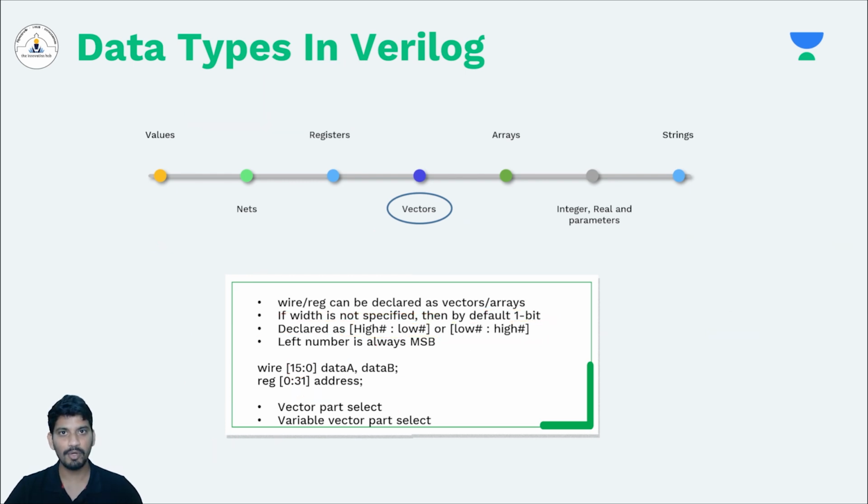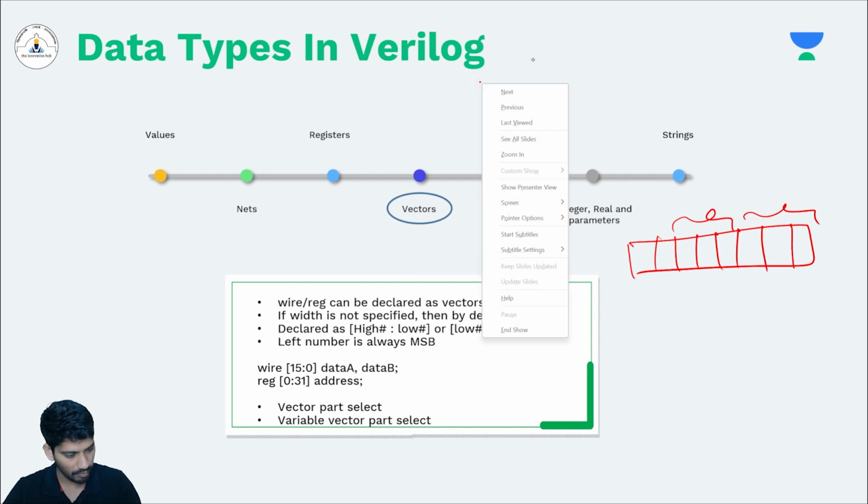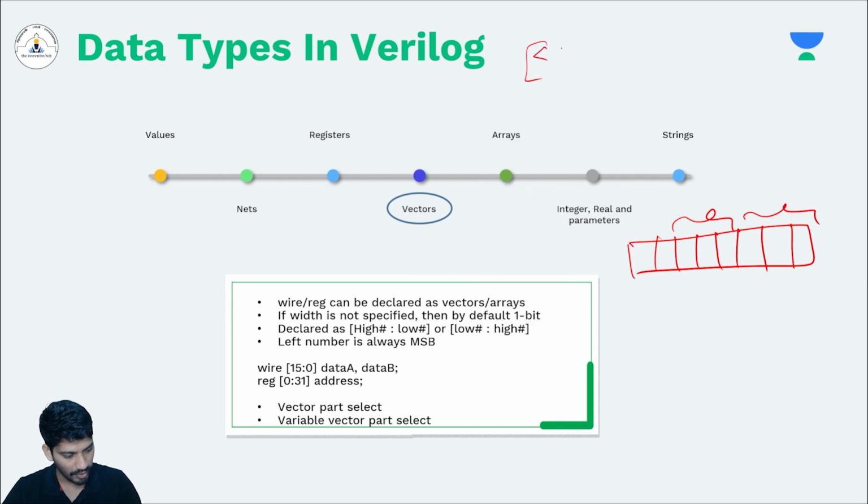The variable part select will be very useful if you want to select various vectors or various parts of vectors in a very big vector like this. So let's see an example of how to use variable part select. There are two ways to define the variable part select. One way is you define the starting value, plus, and how much width you want.